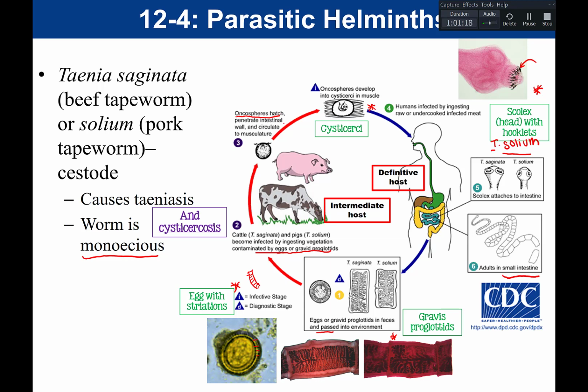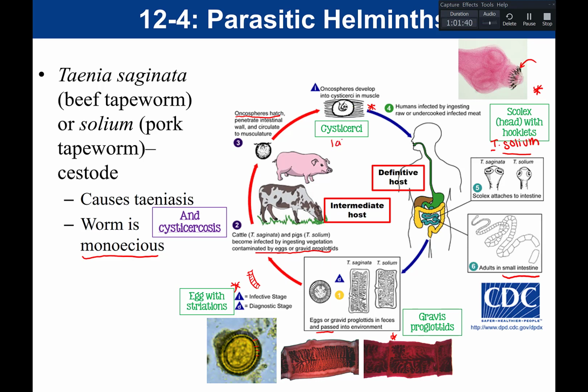They're going to penetrate the intestinal wall, right? Because they're going to be in the intestine when the animal swallows it. So they're going to hatch, penetrate the intestinal wall, and circulate to the musculature. And then the oncospheres will develop into cysticerci in the muscle.